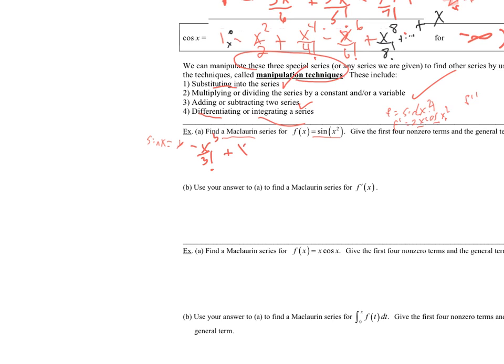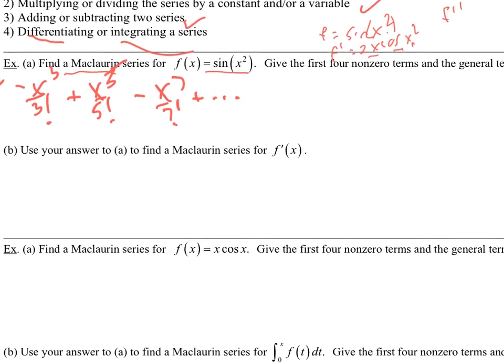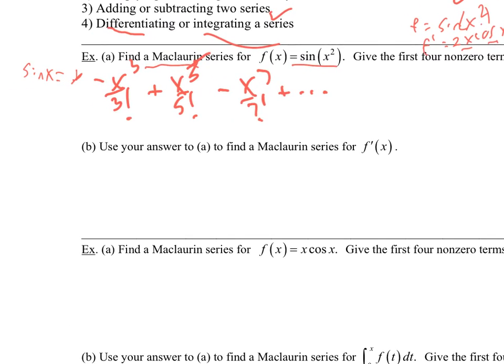Then it was a plus x to the 5 factorial. Then it was a minus x to the 7 factorial, and so forth, right? So if all I'm going to do is swap every x for an x squared, I don't have to do all that work and rebuild it.